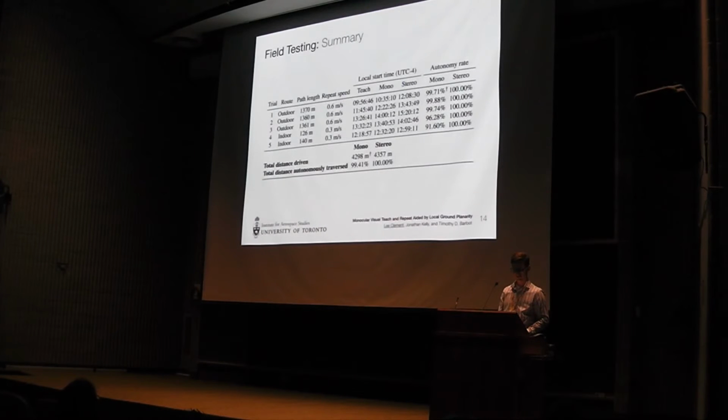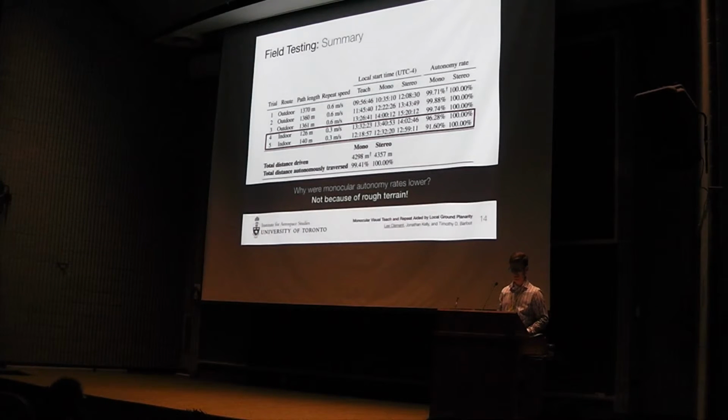So we did these routes a bunch of different times, totaling about 4.5 kilometers of navigation for each pipeline, and found that for the outdoor stuff, the mono pipeline, except in one spot that it pretty consistently had trouble in, performed just about as well as the stereo pipeline, whereas the stereo pipeline didn't fail at all. In the indoor case, it was a little bit different, still about 90% autonomy rates all the time, but not quite as robust as stereo.